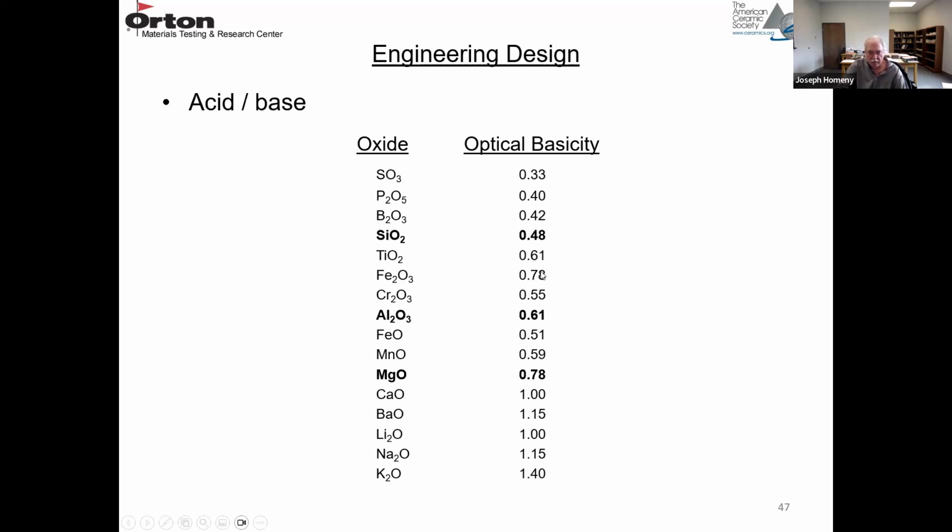But you look at these calculated numbers, it pretty much follows the ranking that's done empirically. So it is actually a good way of calculating how acidic or basic a refractory would be, or the contents of the vessel. So this calculated number is in pretty good agreement with the empirical ranking.